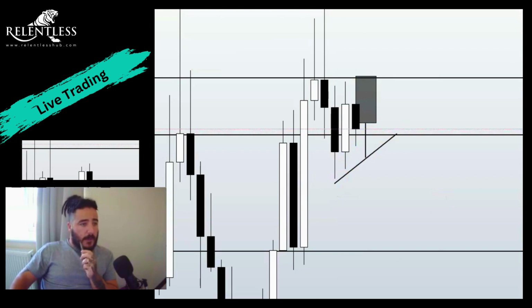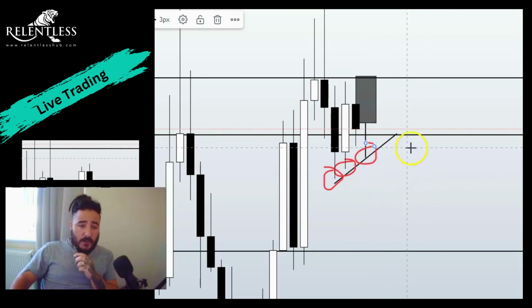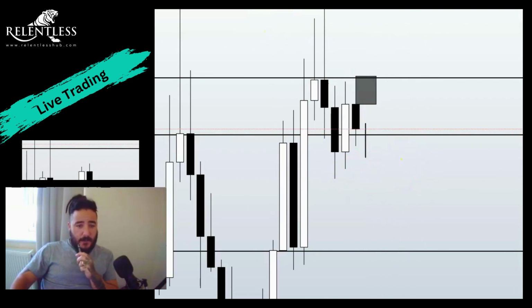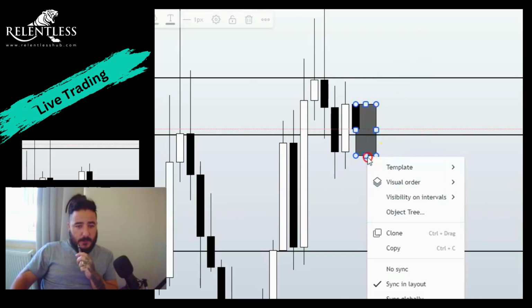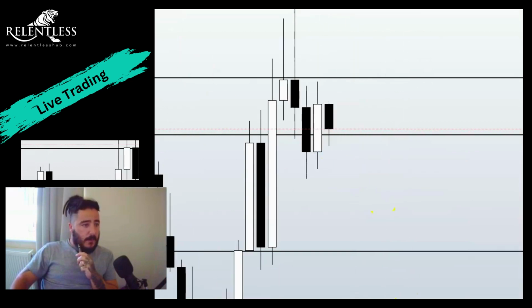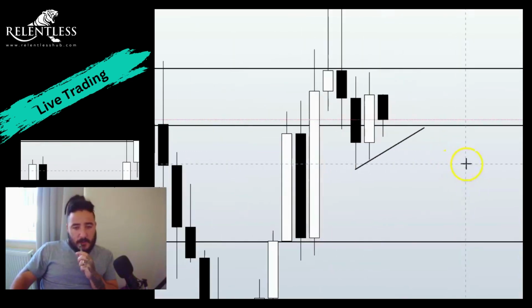See how you've got a wick, and then this would be another wick. Now you could also argue that, well, it's already done that. So if we get rid of this box now, and put a trend line from here, okay, I would imagine a steeper bottom wick from it.